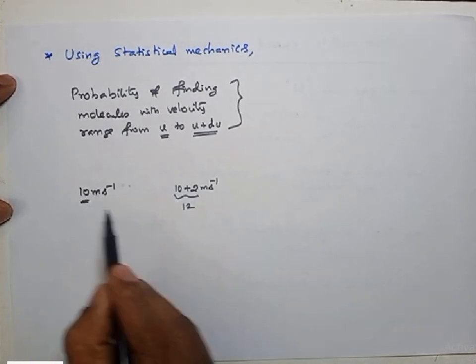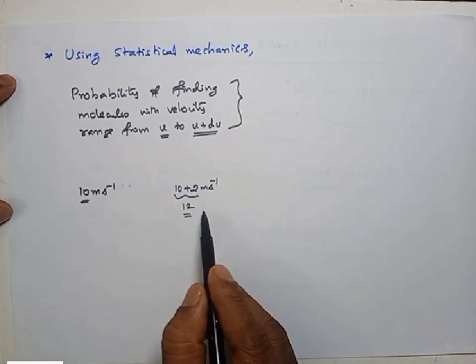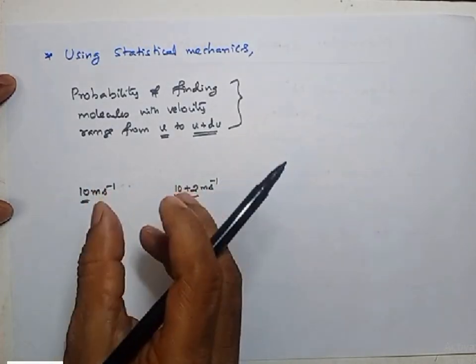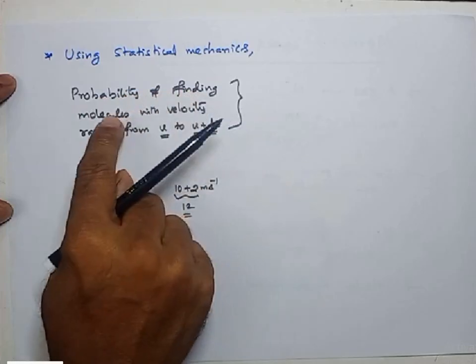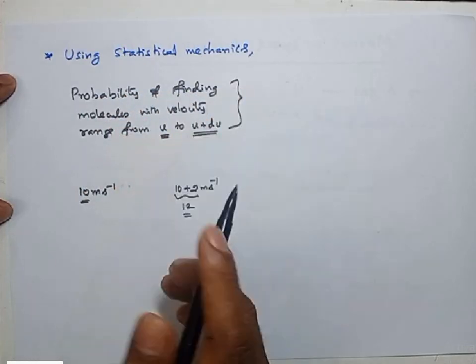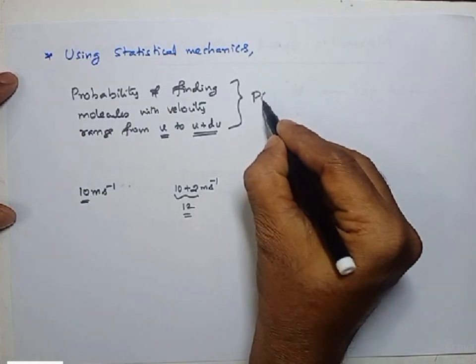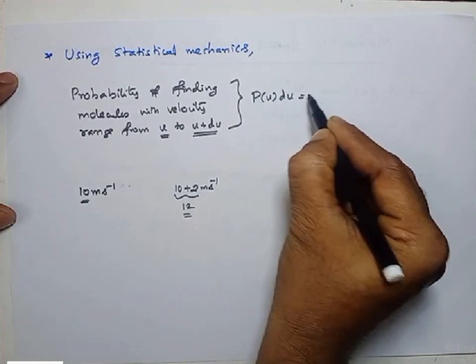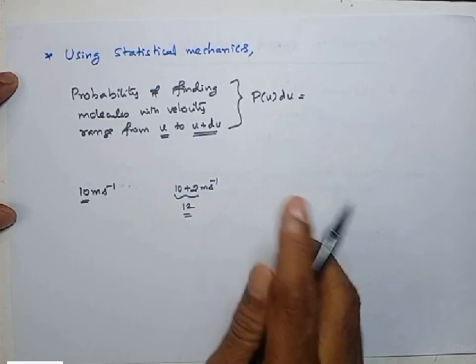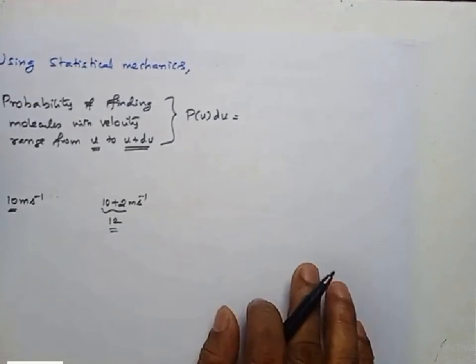So between 10 meter per second and 12 meter per second, how many molecules are there? What is the probability? The probability of finding molecules with the velocity in the range from u to u plus du is given as P of u du, right? This is the derived formula.